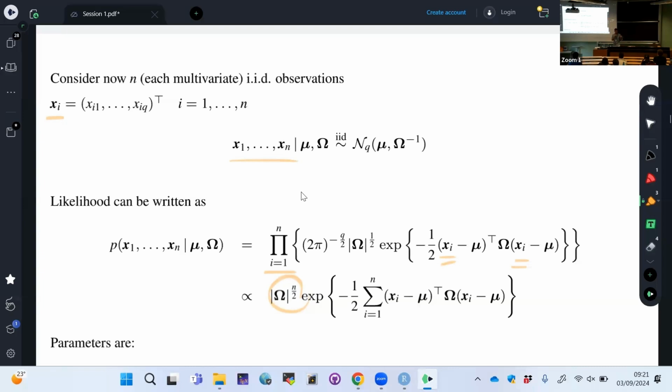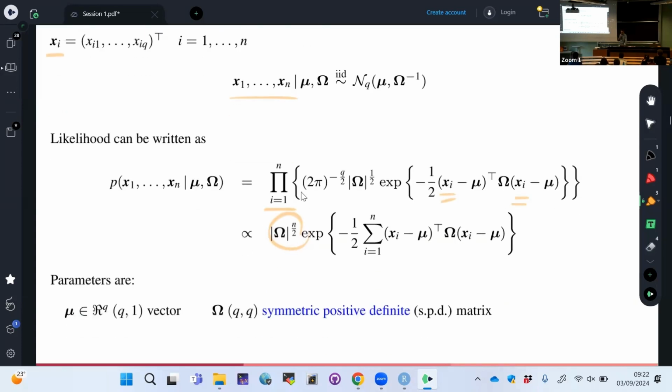Is it okay? Okay. So this is the likelihood function that we will write very similarly later on for a Gaussian graphical model, where the two parameters are in general our mean vector and our precision matrix. So mu, a q by 1 vector, and omega, a q by q matrix. And let me stress from now that omega is not a general matrix.